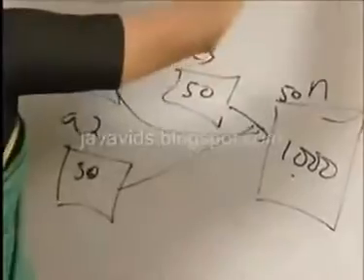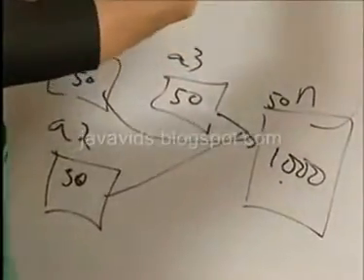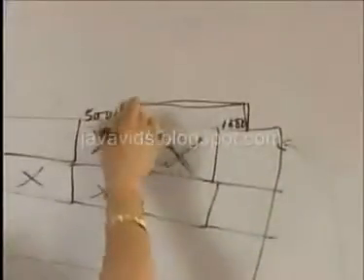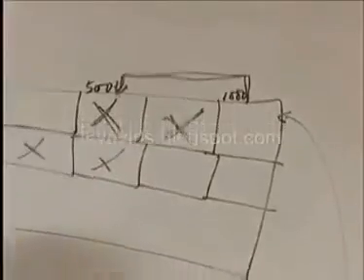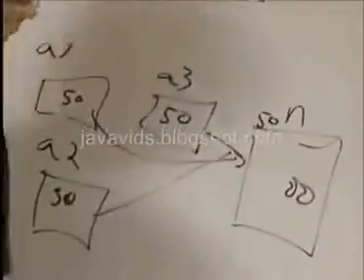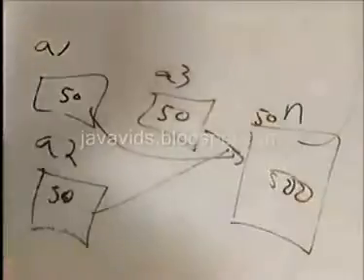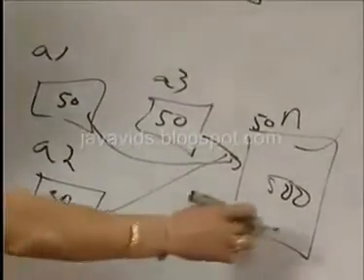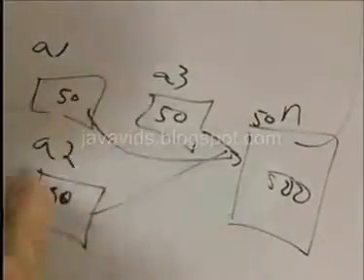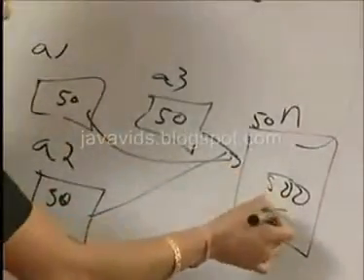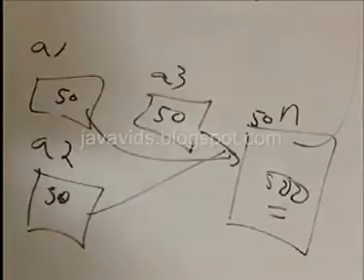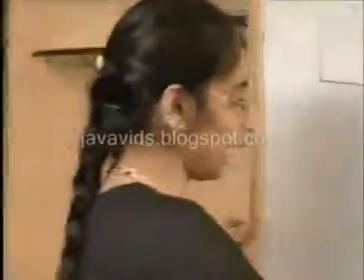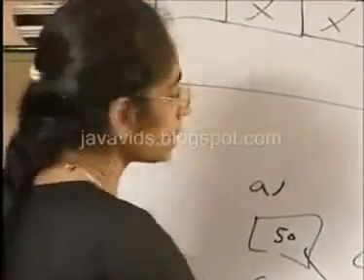When I shift the content from 1000 to 500, how many changes do I need to make? Only a single change, at n. So with an indirection for all these object variables, the change of address is implemented at only a single place. Depending on the JVM implementation, it could either have this indirection or not.